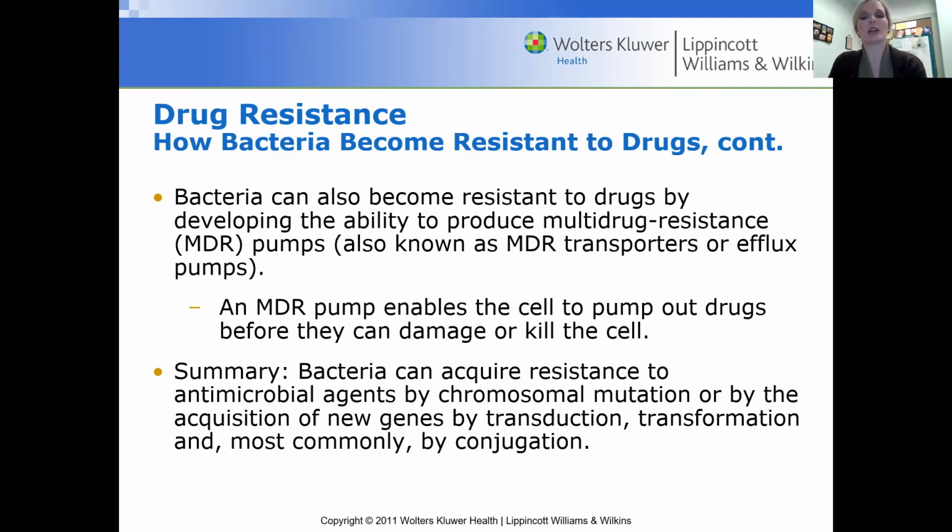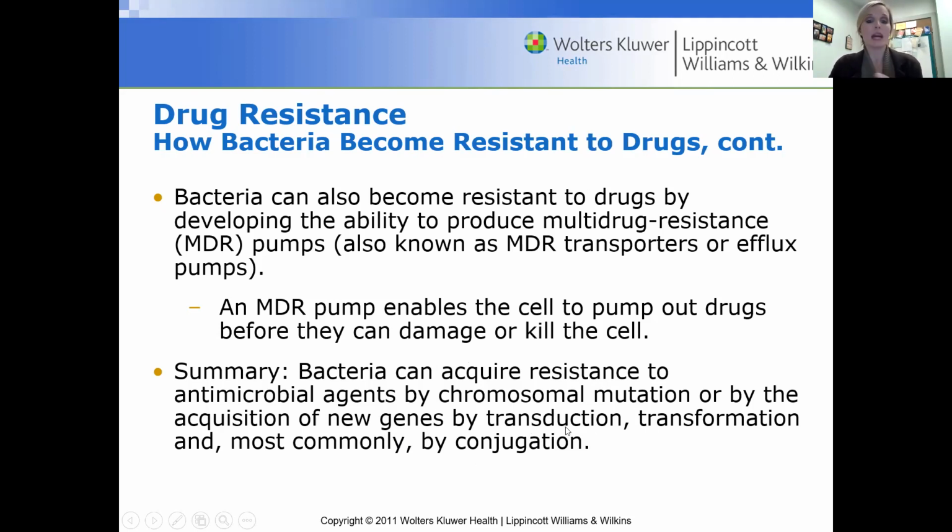So in summary, bacteria can acquire resistance to these antimicrobial agents by chromosomal mutation or by acquisition of a new gene by what's called transduction. Not that you have to know that term. That just means an acquisition of a new gene, transformation of that gene, and most commonly by conjugation.